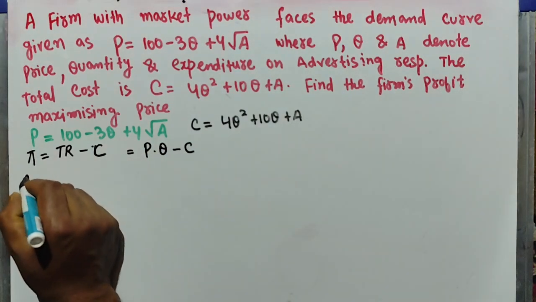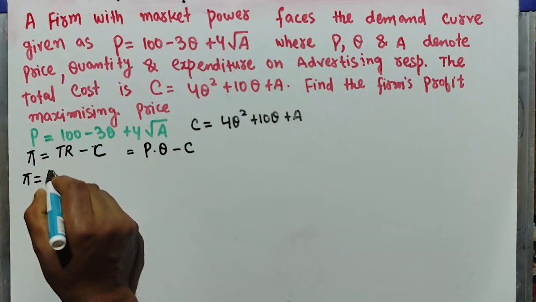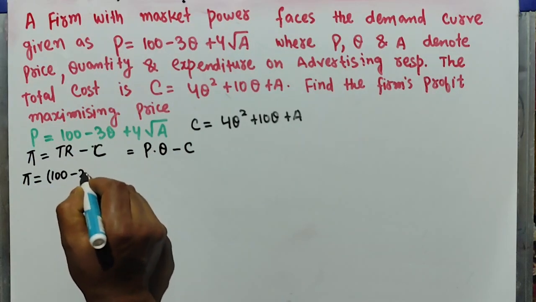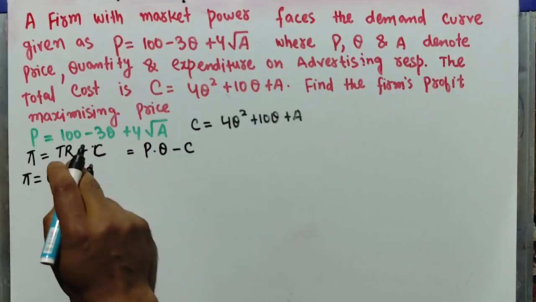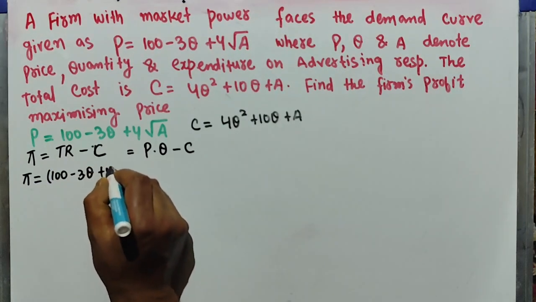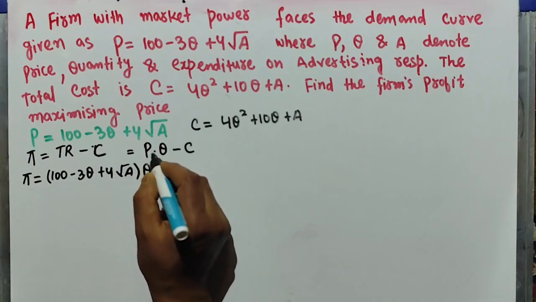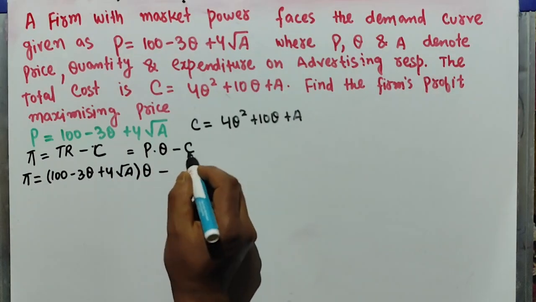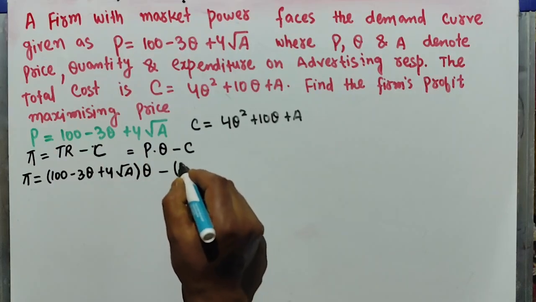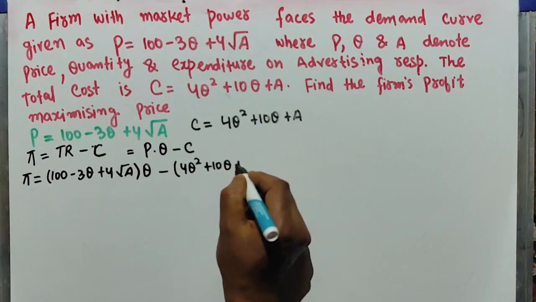So profit is P, given as the inverse demand function, which is 100 minus 3Q plus 4 under root A, multiplied by Q because P into Q, minus the cost function, 4Q square plus 10Q plus A.